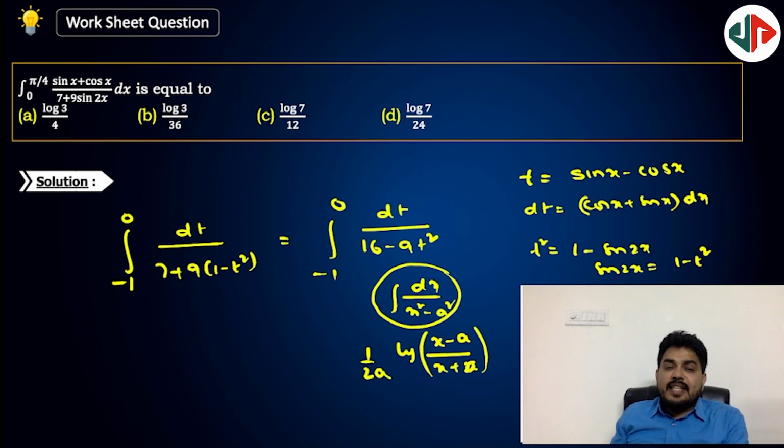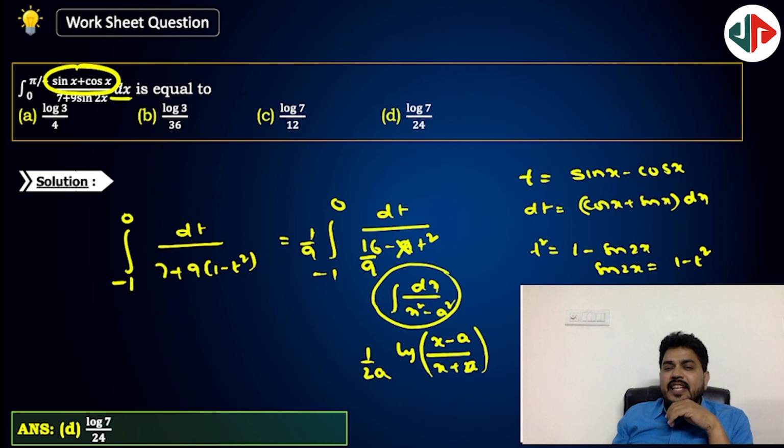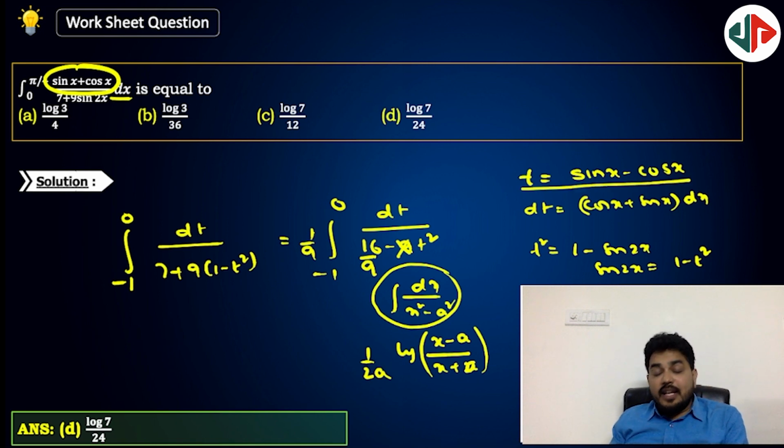Here 9 is there, so you can take 1 by 9 common. It's a direct formula, and the answer is log 7 by 24 that you will get. The important thing is that when sin x plus cos x dx is there, taking this substitution is very important.